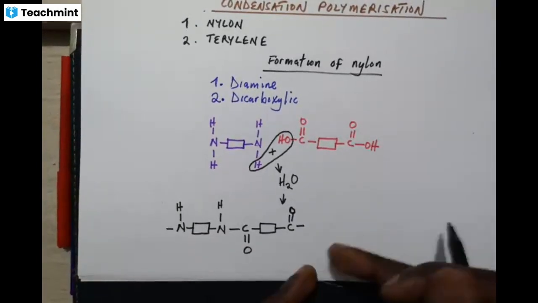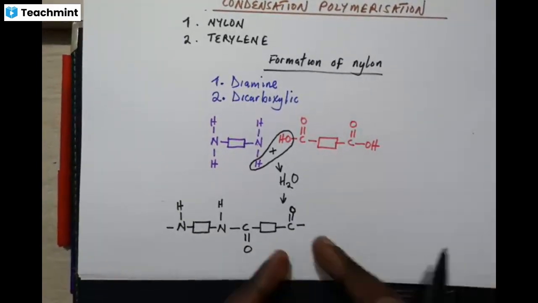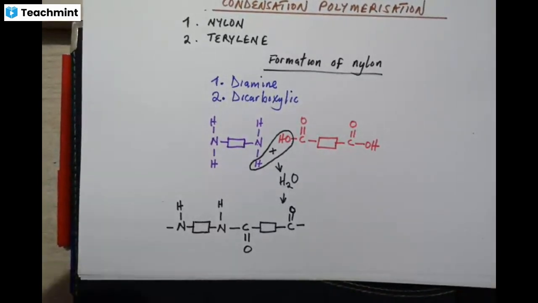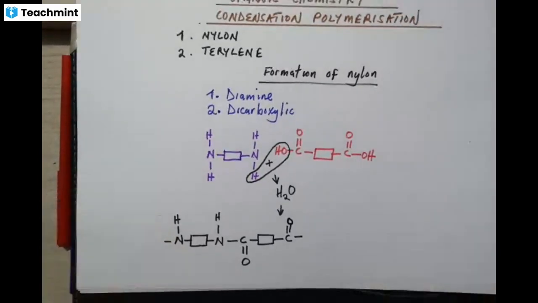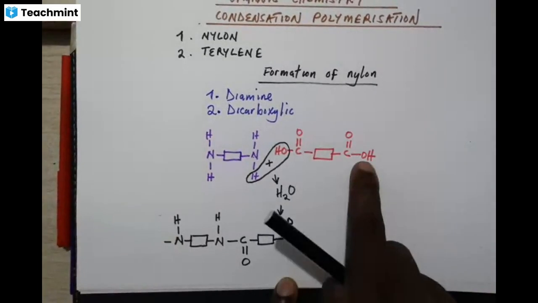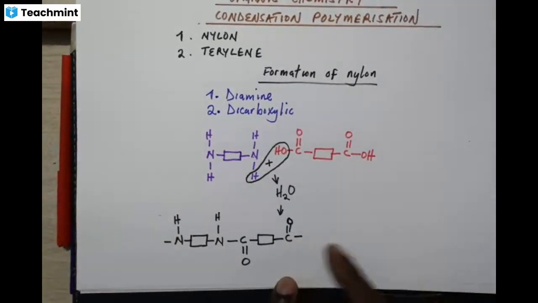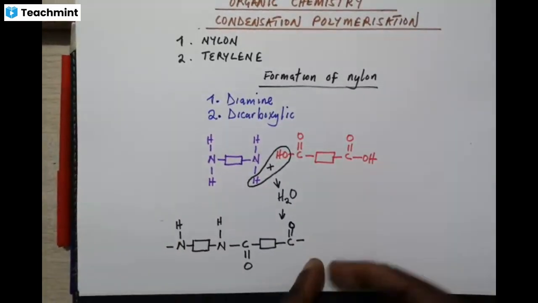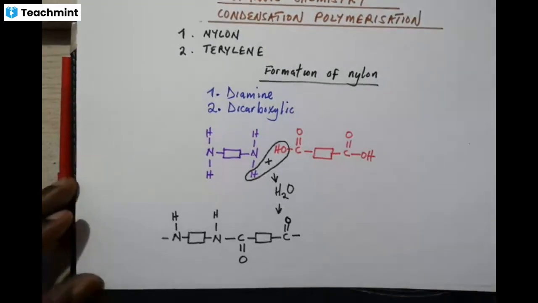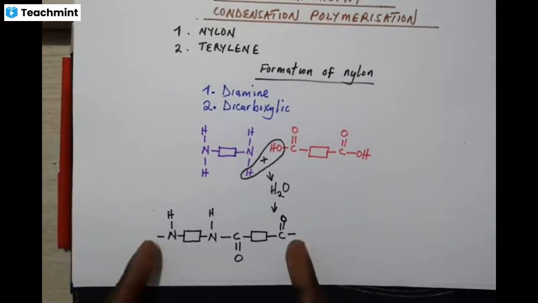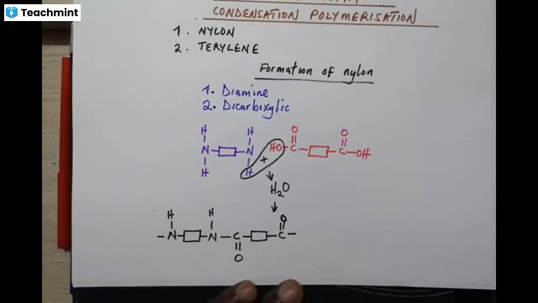So if you want to join some more molecules, you can join. The molecule is actually forming. It's polymerization that is taking place. That's why I've not included the OH there, because the molecule is still ongoing. If we want, we can add another diamine there so that we can form 2 units. So this is just 1 unit. So let us form 2 units.